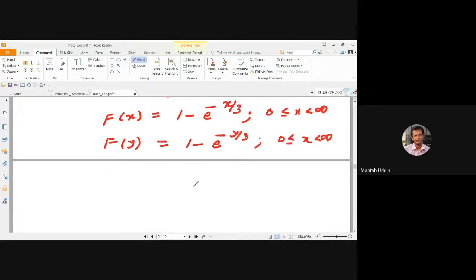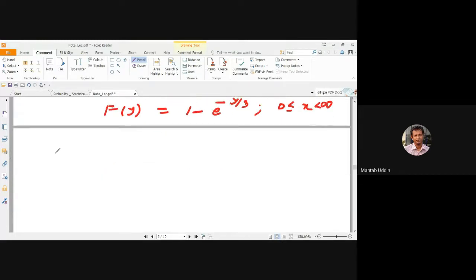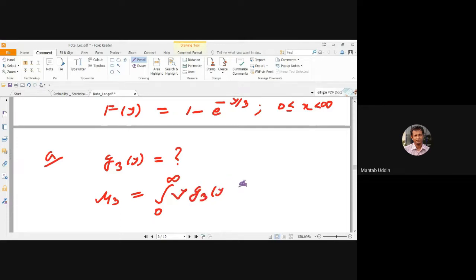Then the first part. You have to find, actually it says g3(y). It is your work to find g3(y) according to the formula I have given in the last math. Then what will mu3 be? Mu3 will be the integral from 0 to infinity of y g3(y) dy. Okay.